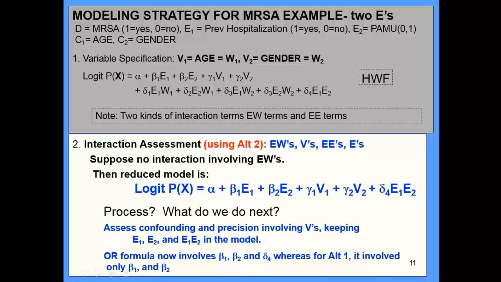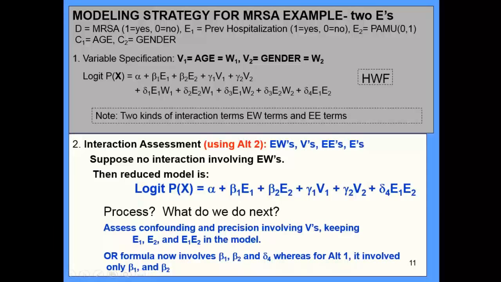So for this situation, what's the formula for the odds ratio? What coefficients are involved in the odds ratio for this situation? It involves this coefficient, and what other one? This one, okay?